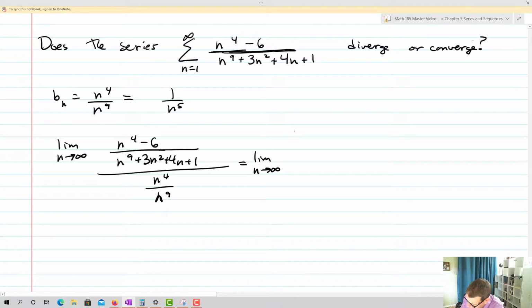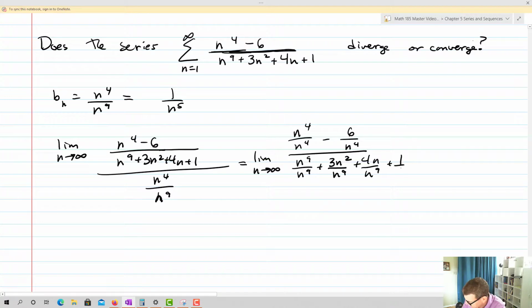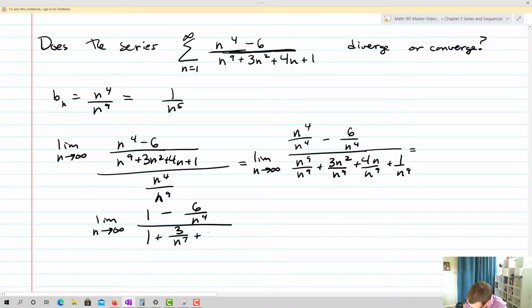That's going to end up being the limit as n goes to infinity of n to the 4th over n to the 4th minus 6 over n to the 4th, divided by n to the 9th over n to the 9th plus 3n squared over n to the 9th plus 4n over n to the 9th plus 1 over n to the 9th, which equals the limit of 1 minus 6 over n to the 4th, divided by 1 plus 3 over n to the 7th plus 4 over n to the 8th plus 1 over n to the 9th.